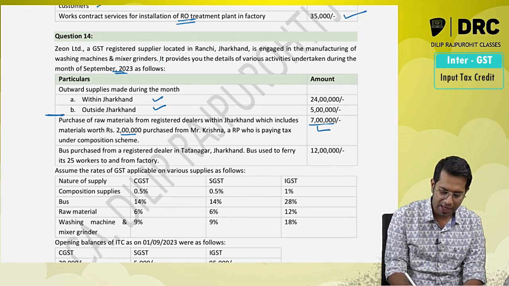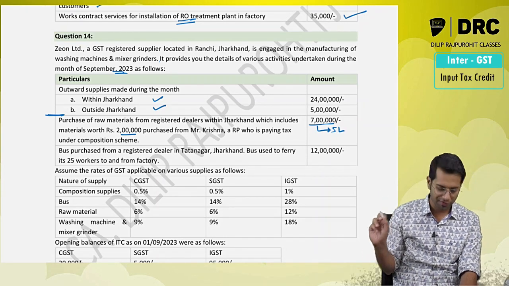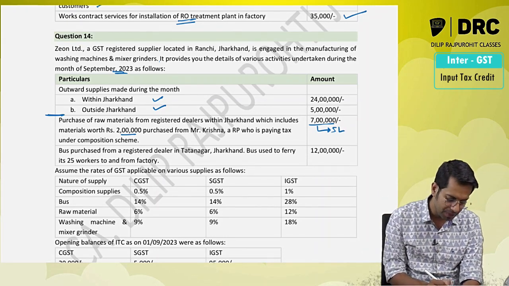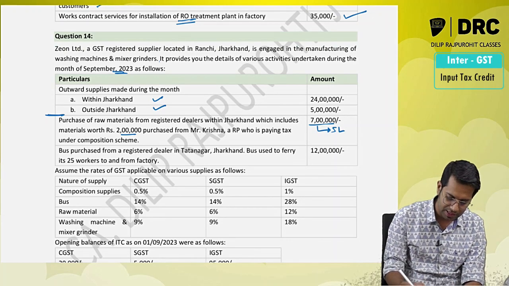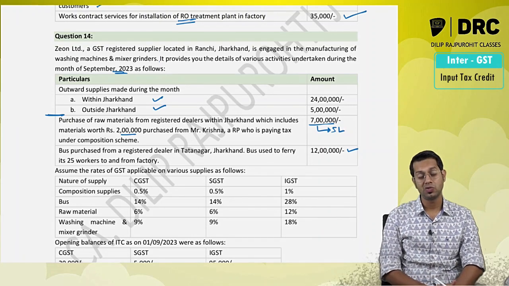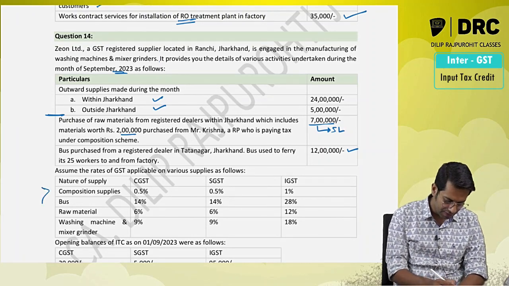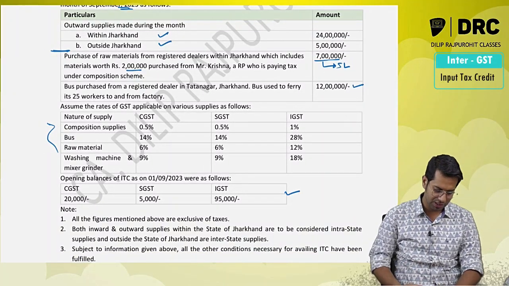So here 7 lakh rupees, I will be able to take only 5 lakhs as my normal purchases. Bus purchase from a registered dealer for ferry of 25 workers. Yes, ITC can be taken because it is for 25 workers, a 25 seater bus. Then they have given GST rates over here. Opening input tax credit they have given. Very simple question.